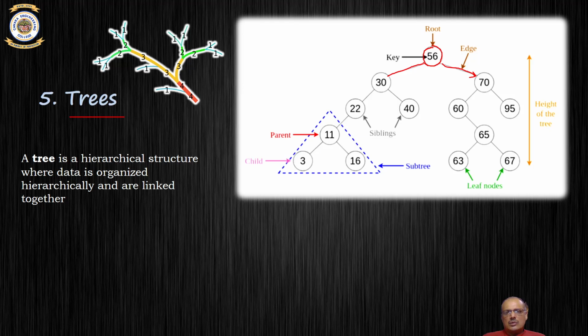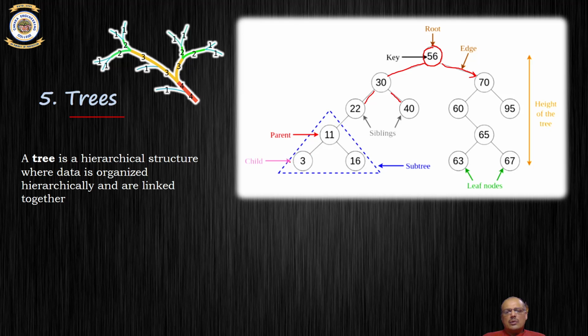Some of the concepts that one needs to know about a tree: each node is called a vertex. Each node can hold a key, and the node which is at the top of the tree is called the root node. The ones which follow from there on are called the child nodes of the root node.